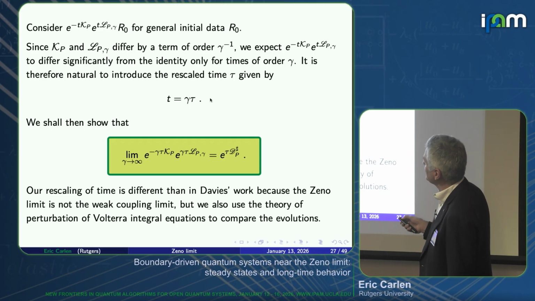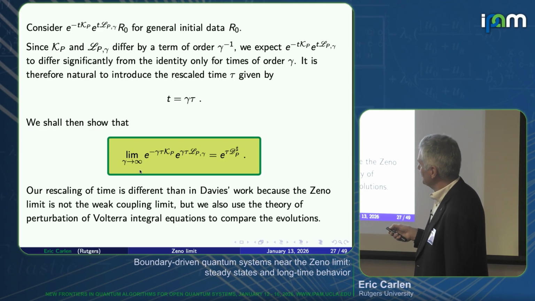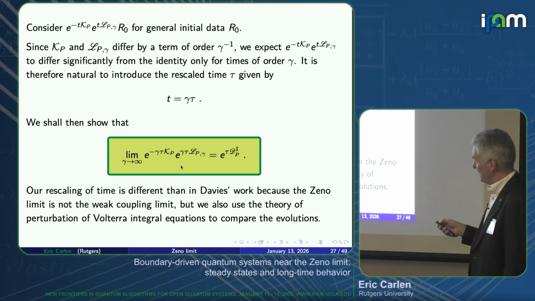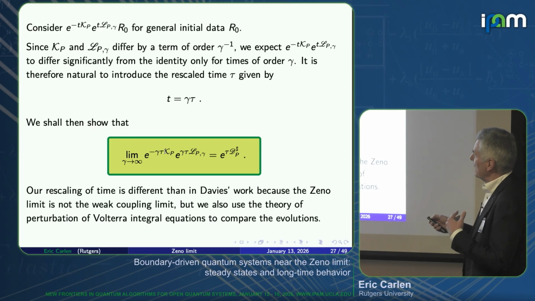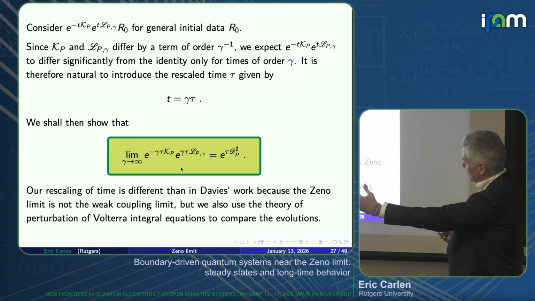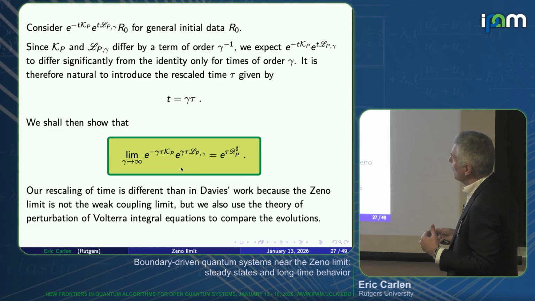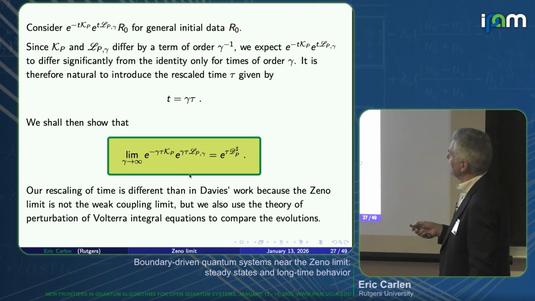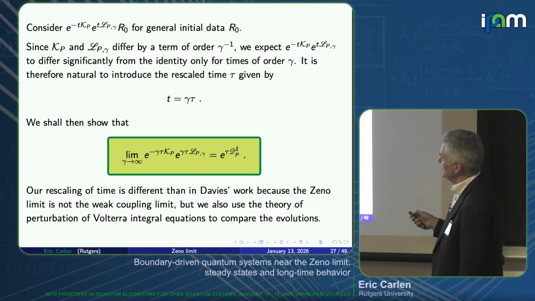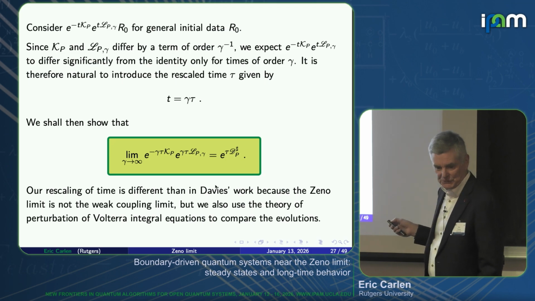So let's introduce rescaled time, T equals gamma tau, and we will then show that if you take gamma goes to infinity of this thing, so you take now gamma times tau of the projected Lindbladian, run it backwards under the coherent evolution, that converges to this thing, which is the D_P with this sharp operation.